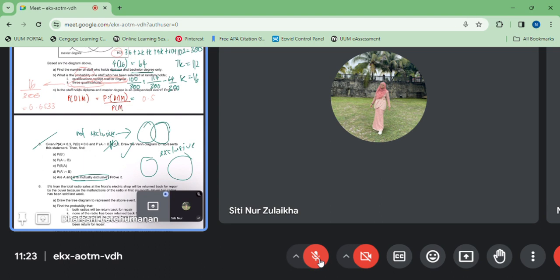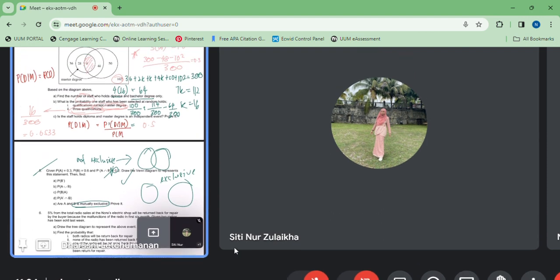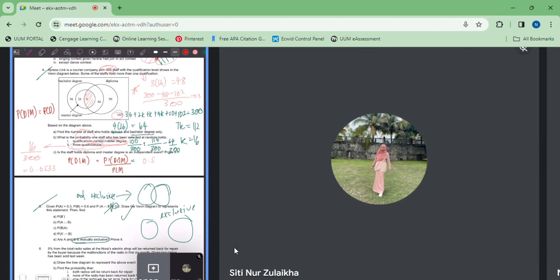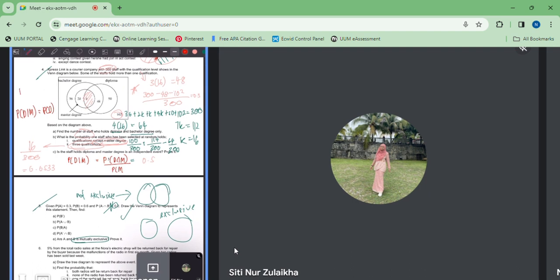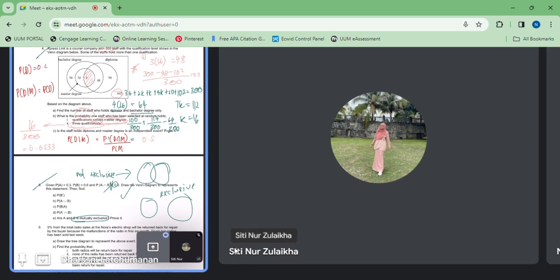So first, the working is like this. Diploma only, what's the probability? 50 plus 64 plus 16. So P(D) equals 0.4333.